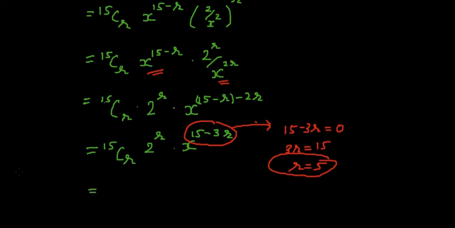So fixing r as 5, 15C5 2 raised to 5, and x raised to 15 minus 3r, which we equate to 0. This is the constant term we are getting. Just apply the calculator: 96096 is the final answer, into x raised to 0, but no need to write that because it is 1, and this is the required constant term.